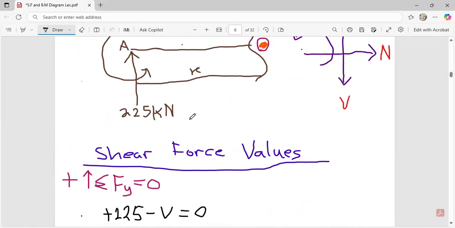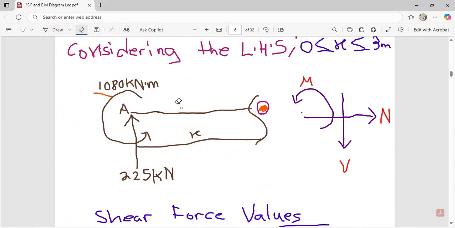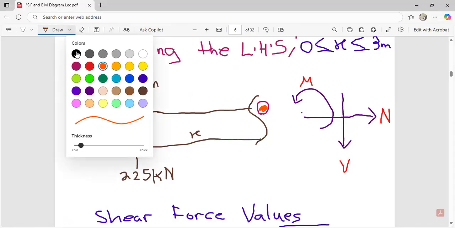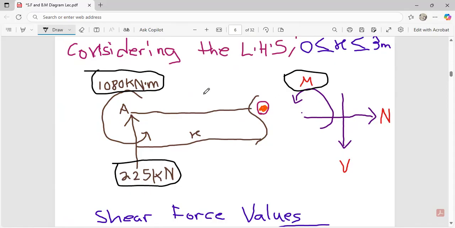Let's move back. Who else again can we talk about? The next one we can talk about over here is the M, this M over here. Because it is also a moment, we've already spoken about the other one, we took moments with that one, but this is already a moment, so we have to consider this one too.